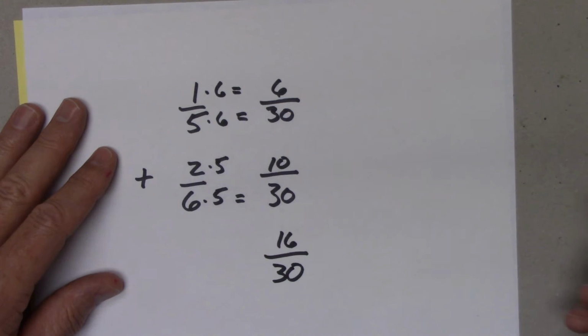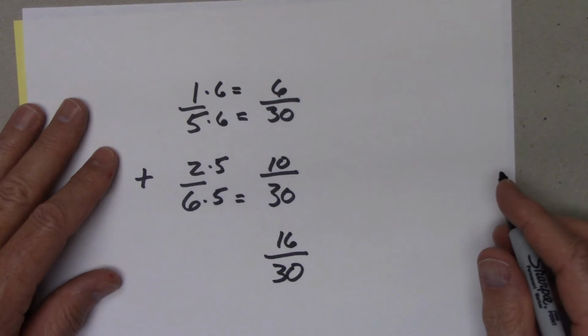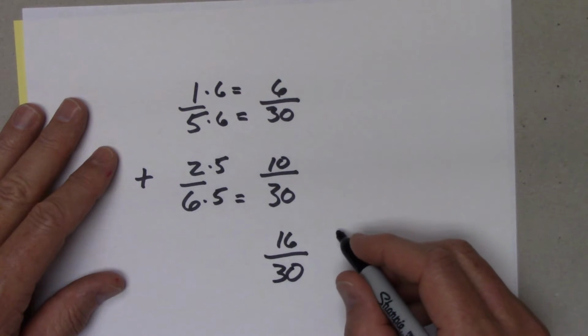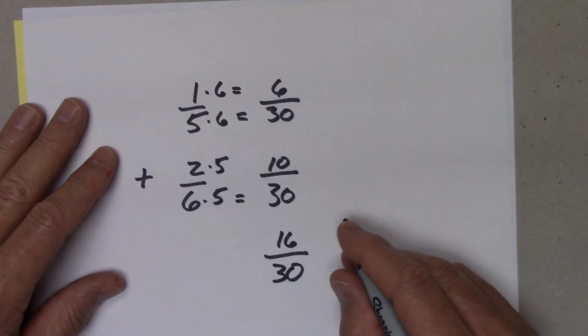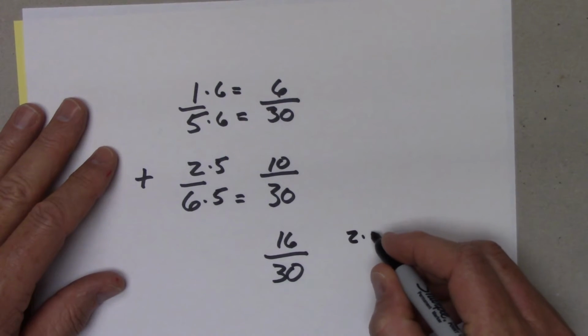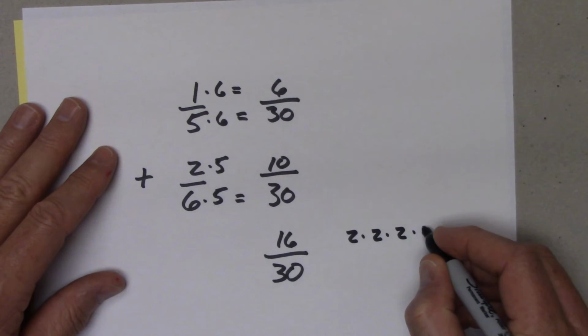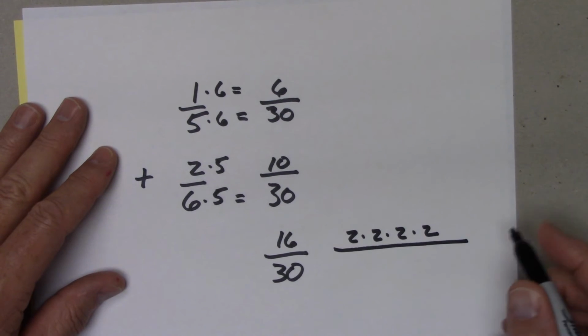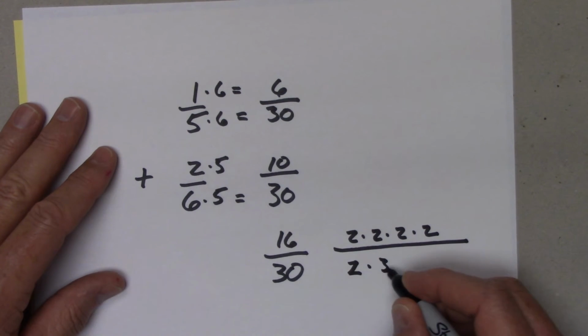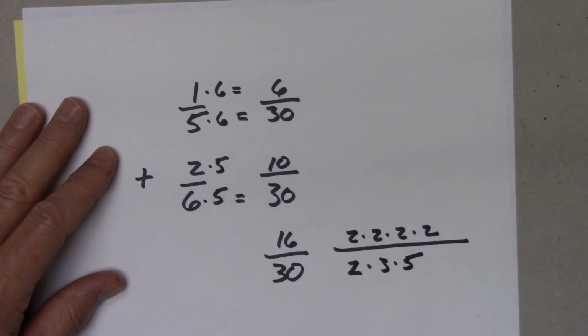Right? Now, let's check to make sure we don't have to reduce this. 16, if we break it into prime factors, is 2 times 2 times 2 times 2. 30, if we break it into prime factors, is 2 times 3 times 5.